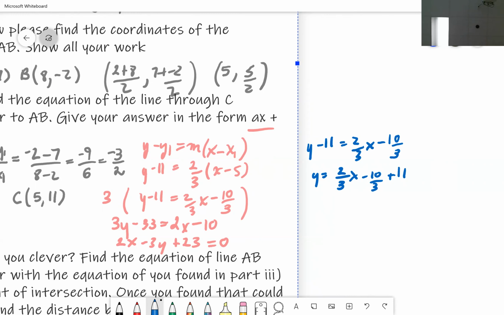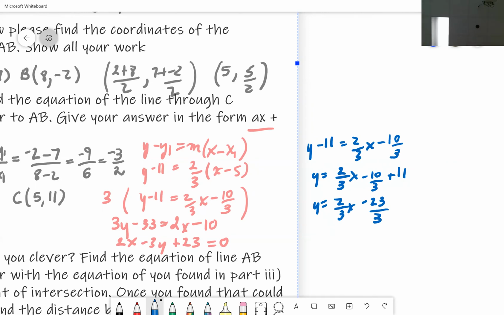And then when you do that math, it comes out to, well, 33 minus 10 is negative 23, right? Divided by 3. If you added those together, you get negative 23 over 3.